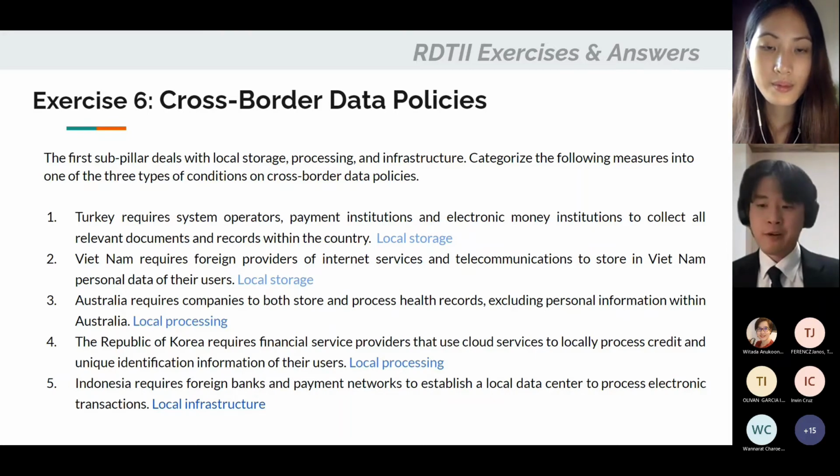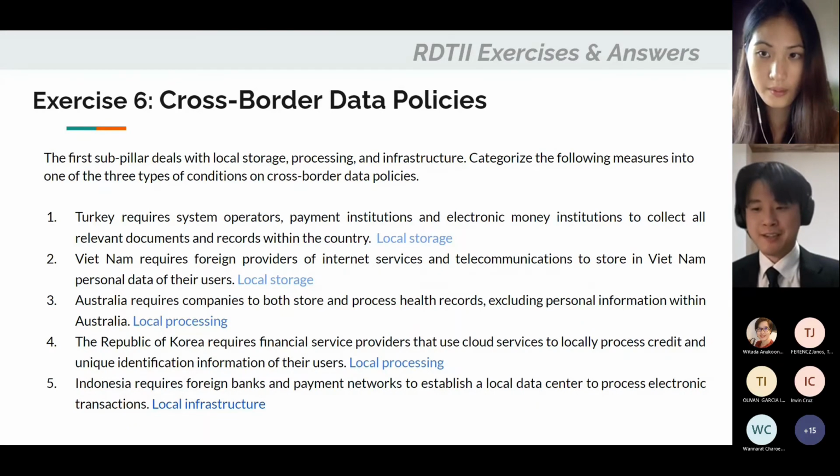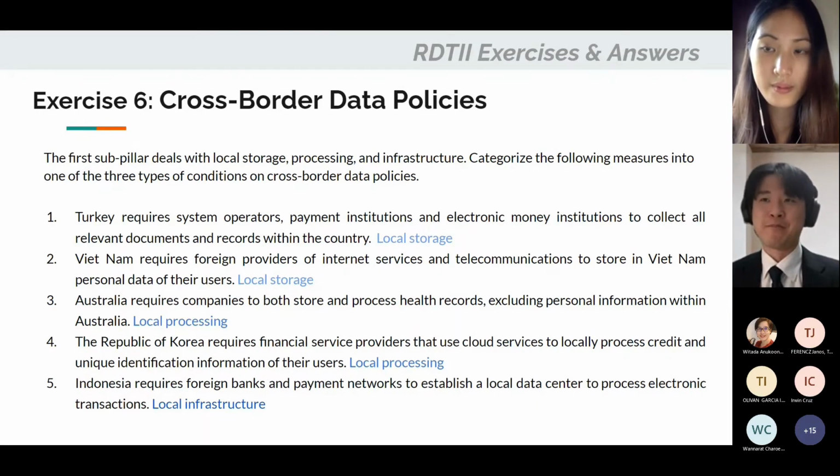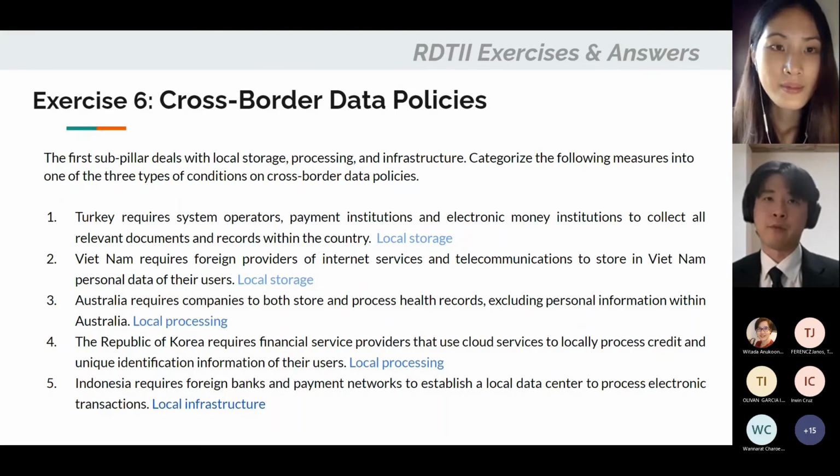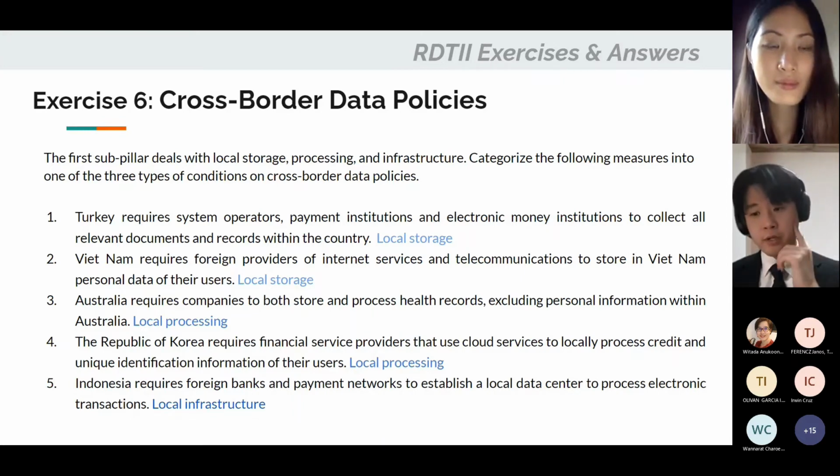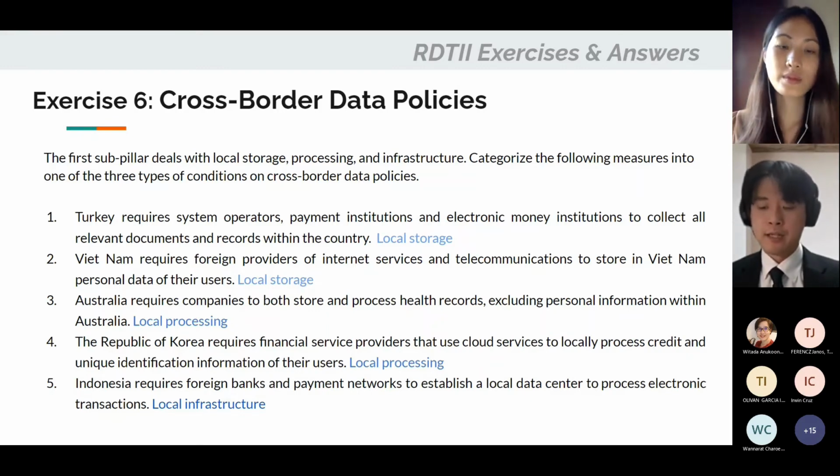If you think about it, the answer choices are actually a little bit self-evident. For example, Turkey requires system operators and so forth to collect all relevant document records within the country. So it is about local storage. It requires businesses to retain a copy of data before they transfer data abroad.